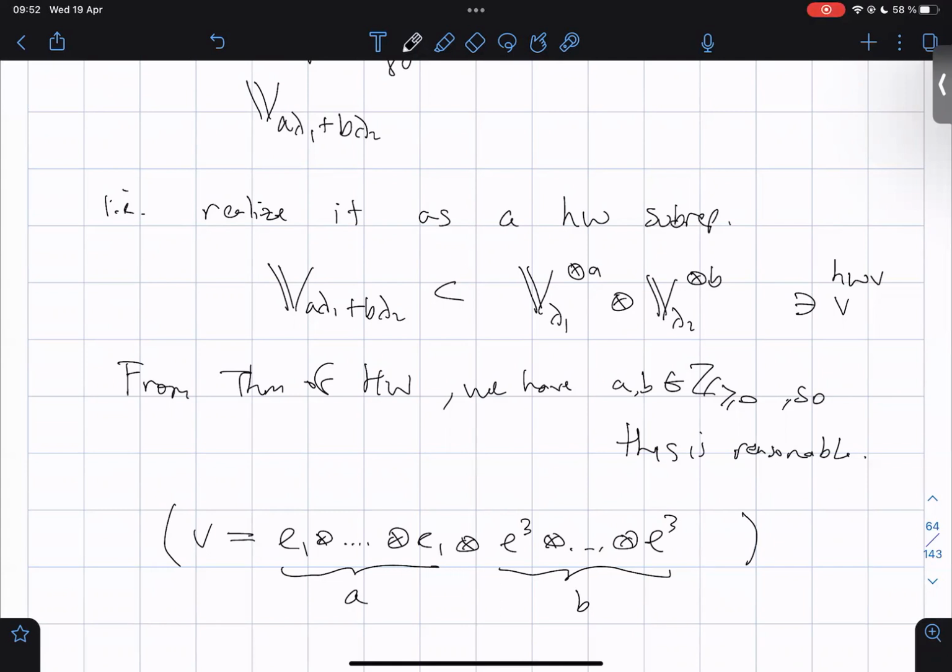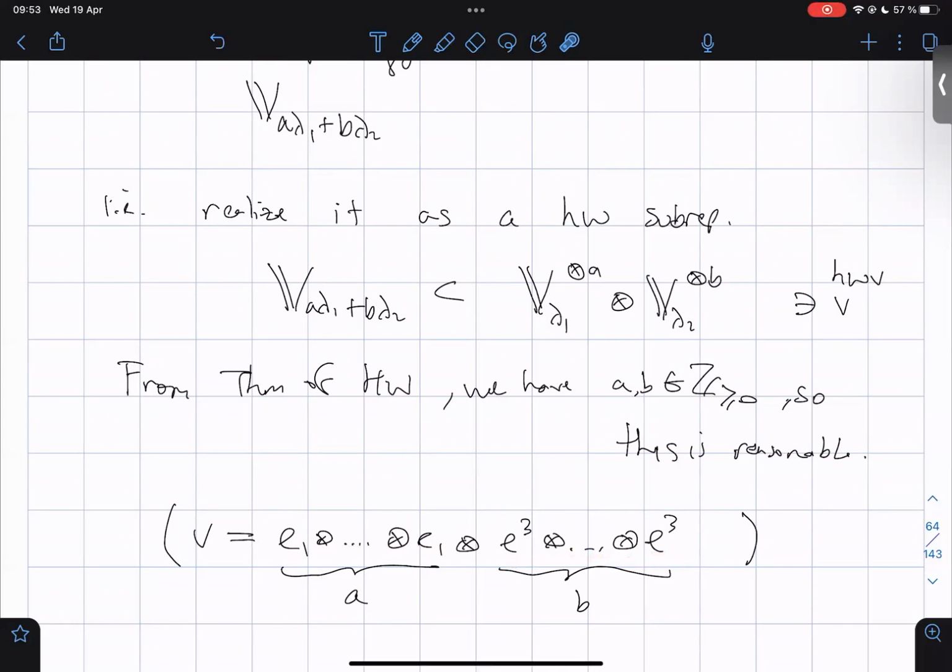Okay, so you tensor them all together. Just as a small remark here, this element is actually the same thing as if I took the ath symmetric power of E1, and this is the same as if I took the bth symmetric power of E3.